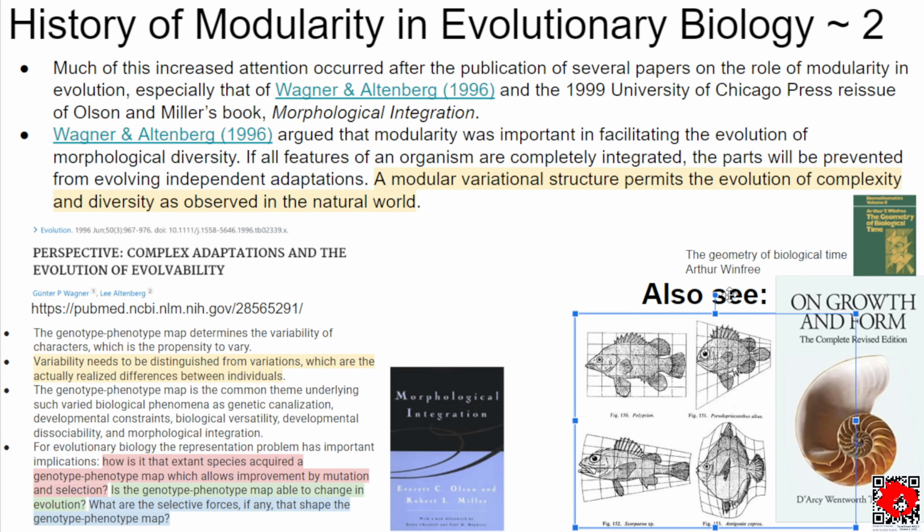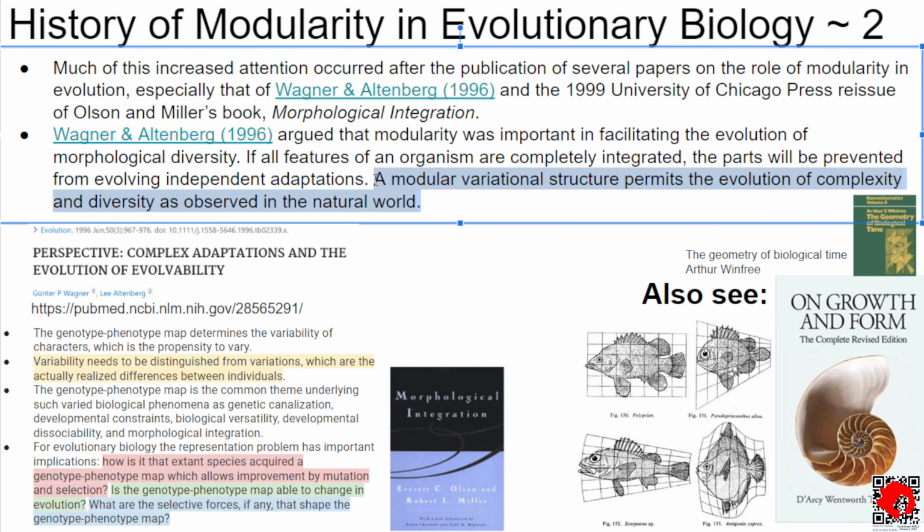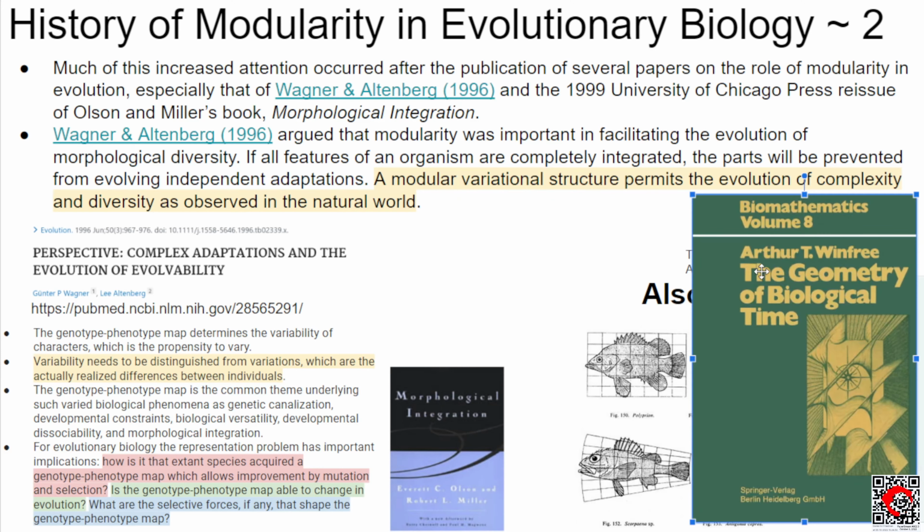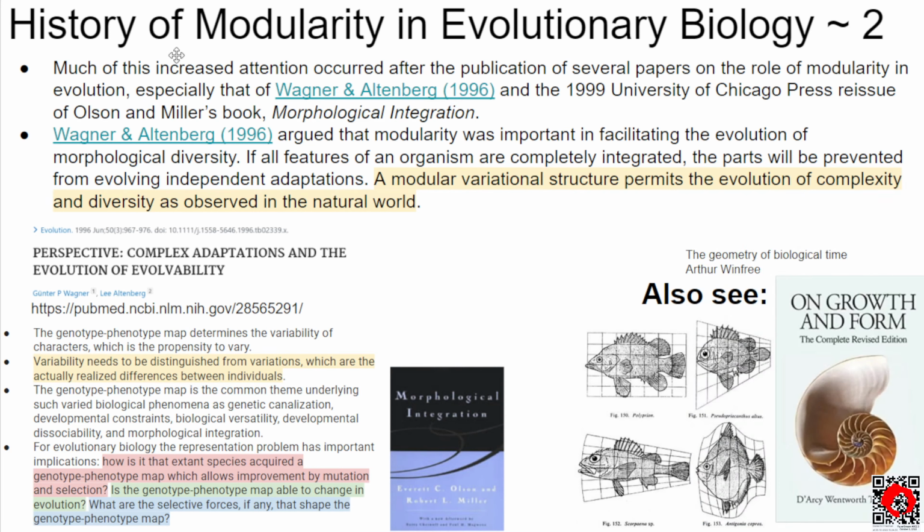Then there's a few other books about space and time on this topic of movement towards appropriate variational mechanisms and frameworks for describing them in biology. And I point here to the Geometry of Biological Time by Arthur Winfree and work by Winfree and others.